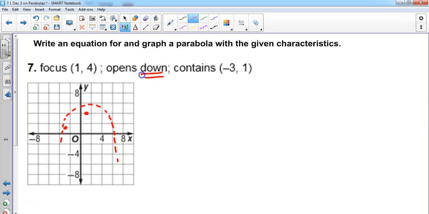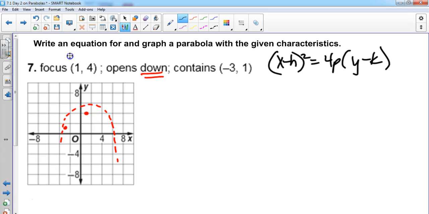Because it opens down, I know that the general form is an x squared. So I have (x minus h) squared equals 4p times (y minus k). And what does it say for a focus point when it opens down? (h, k plus p).